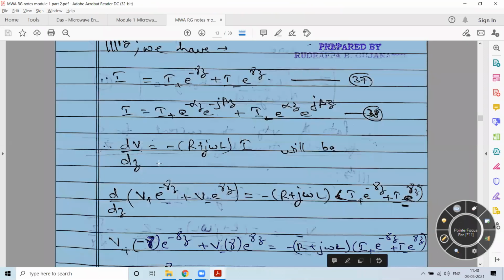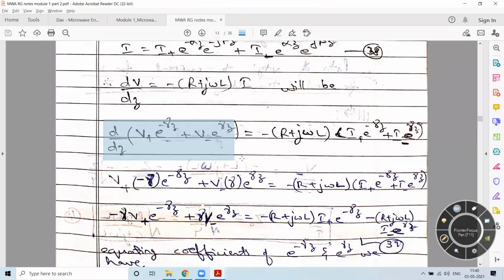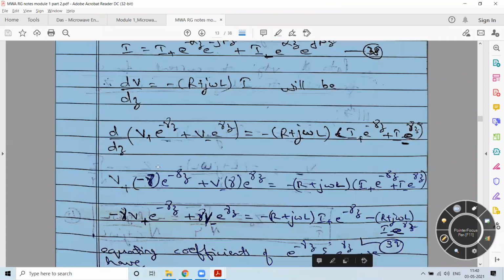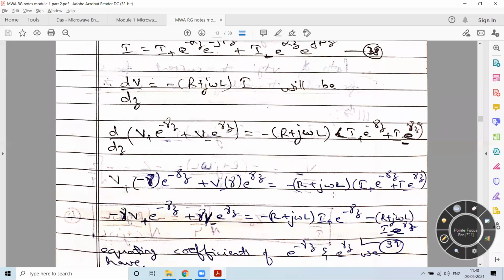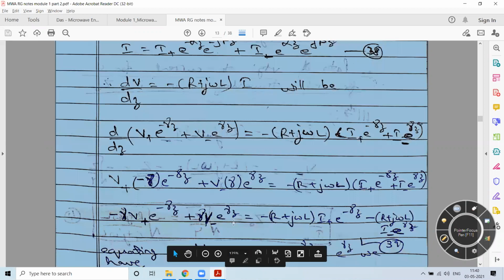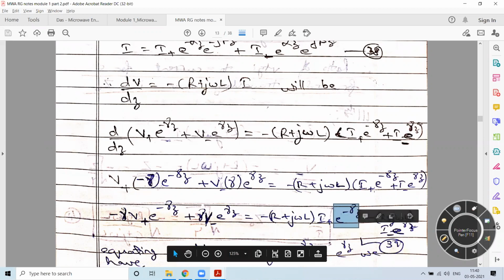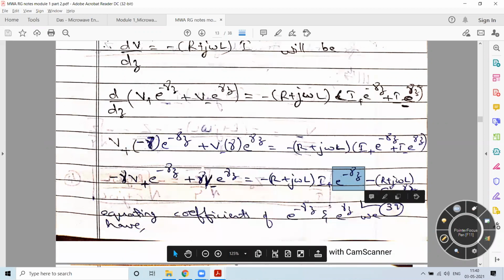Now we differentiate the left hand side of the equation and get this result. Then we have to compare the exponential parameters. Here we have e raised to minus gamma z and e raised to plus gamma z. Similarly, on the right hand side, when I simplify, I'll have e raised to minus gamma z and e raised to plus gamma z.